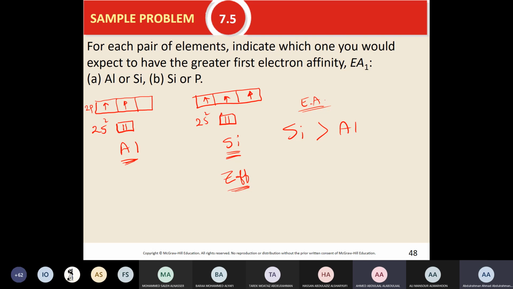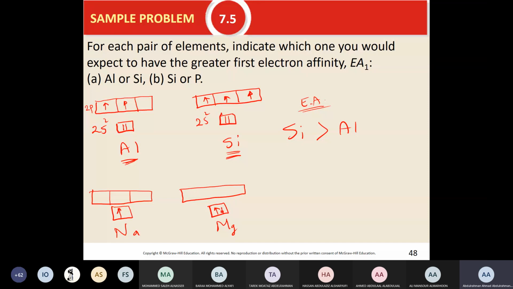Yes, very good. Let's go back to lithium, or the same group. In the same group, how about sodium and Mg? Which one would be easier? Sodium. Sodium has one electron, and Mg has 2 electrons, but these rooms are all empty.